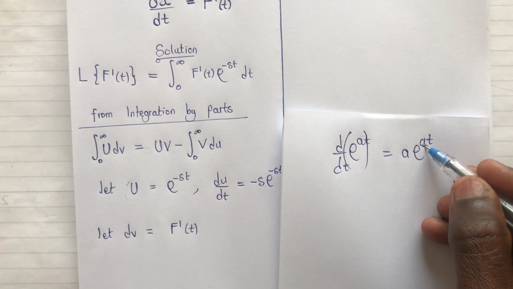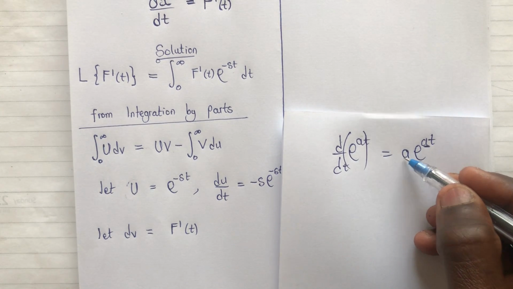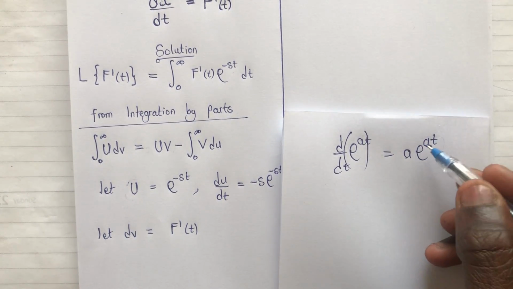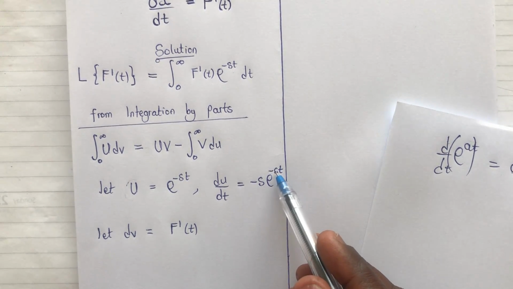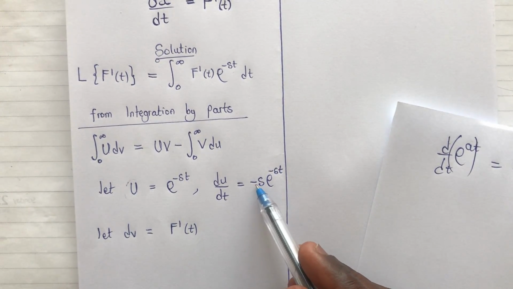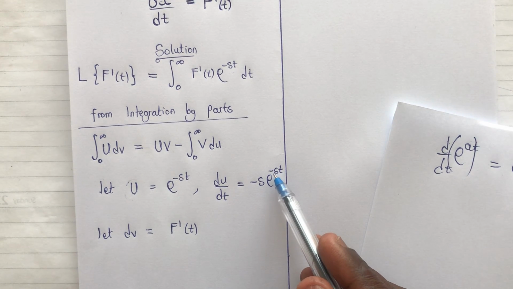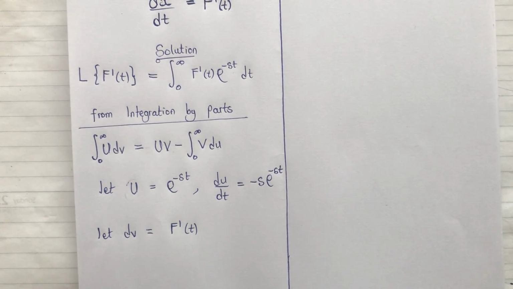So whatever coefficient you have here, we just multiply the function. This is how you differentiate an exponential function. When you look at this, the coefficient there is negative s, so negative s e to the power of the same minus st.